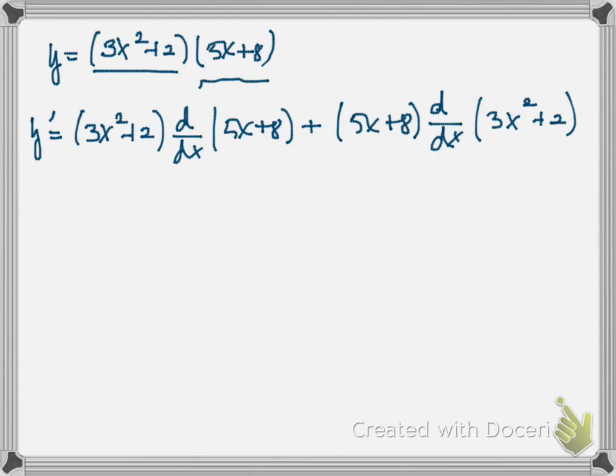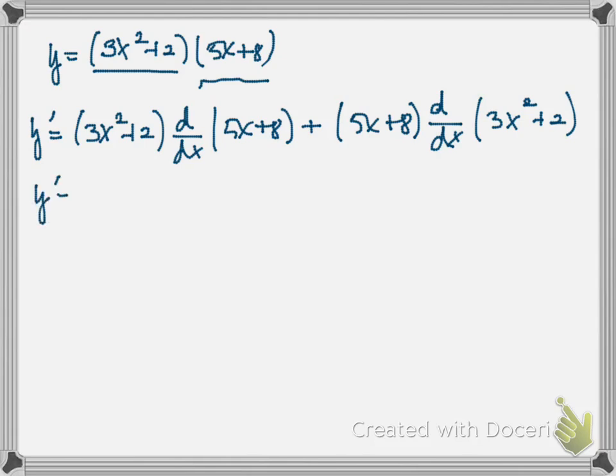In this line here, I actually have not taken any derivatives. All I have done is filled in the information into the formula for the product rule. And I really suggest you do this until you know the rule and you're really comfortable taking derivatives of the individual pieces. Now we're going to go ahead and take the derivative.